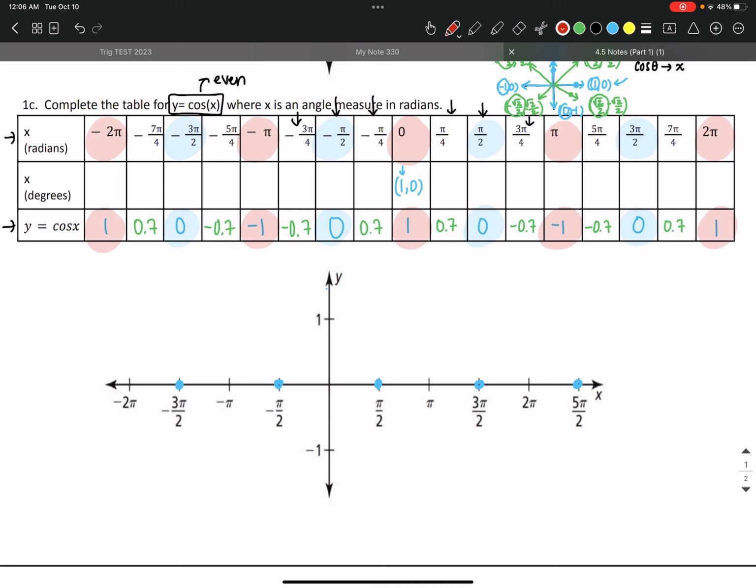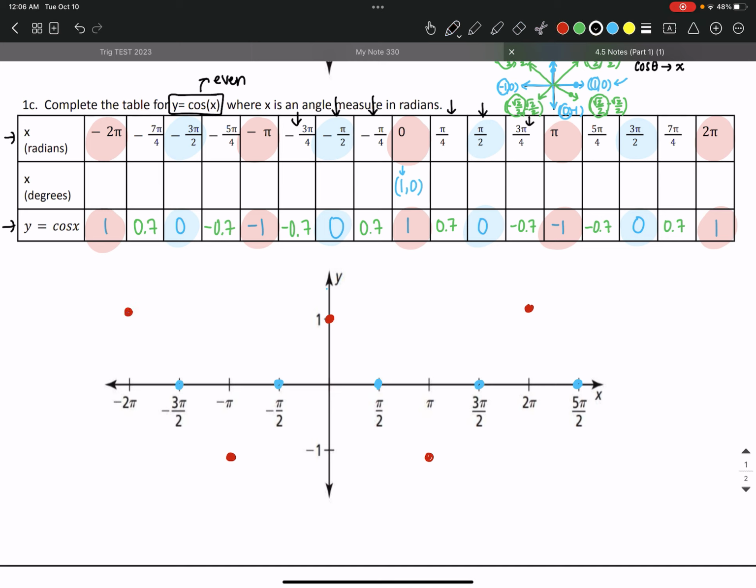I'm starting at (0, 1), so unlike the sine graph, I'm starting at the maximum on the y-axis instead of the origin. Then at pi, I'm at negative 1. At 2 pi, I'm at positive 1. At negative pi, I'm at negative 1. At negative 2 pi, I'm at positive 1.